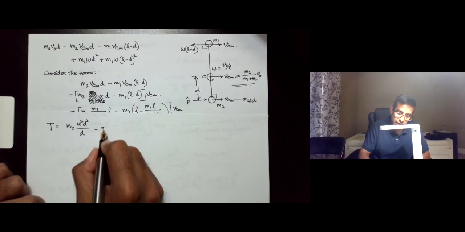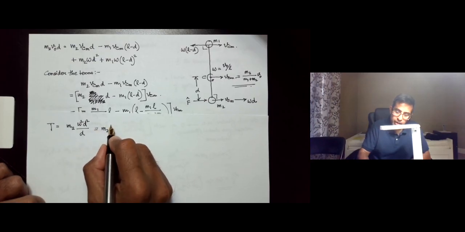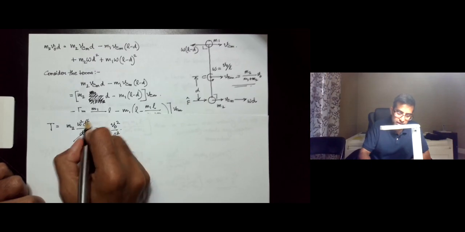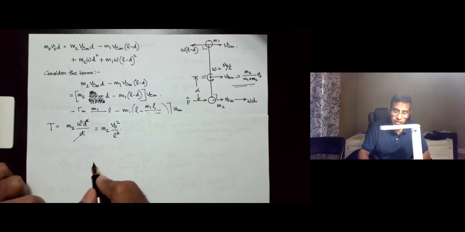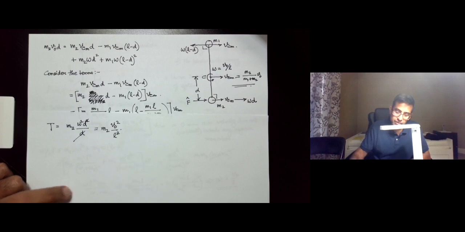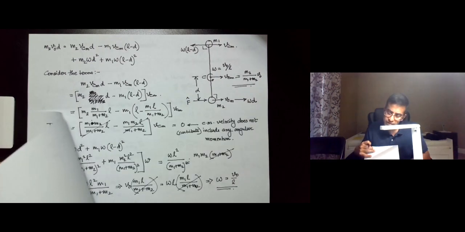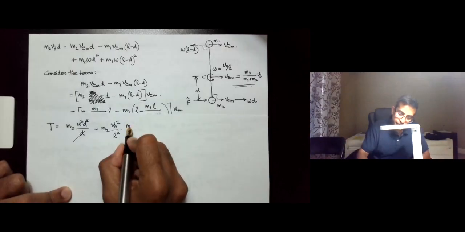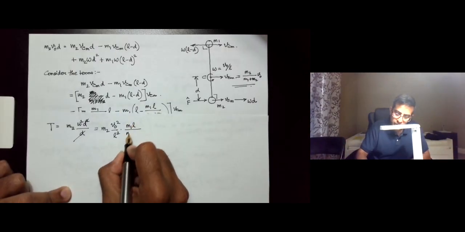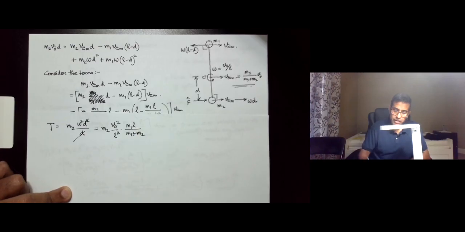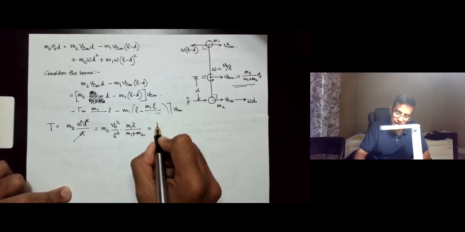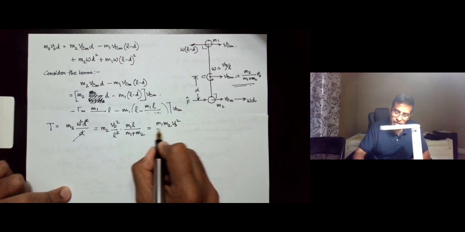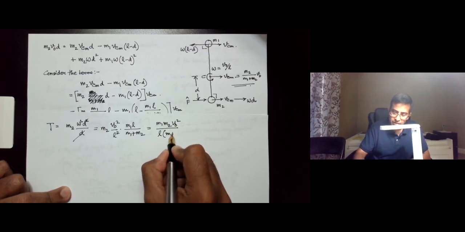So essentially you have m2, and omega squared is v naught squared over L squared, and then this d cancels one of the d's, so you have d here, and the expression for d is, let me just double check, m1 L divided by m1 plus m2. So the tension is then m1 m2 v naught squared divided by L times m1 plus m2.